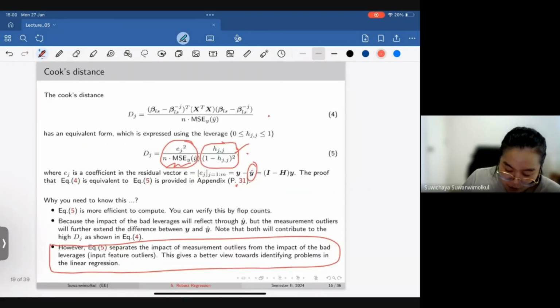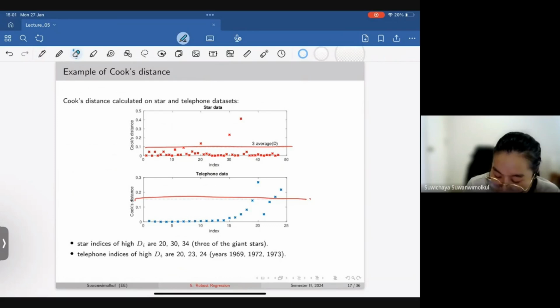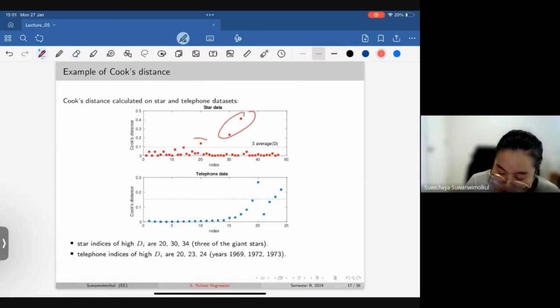So that is all for this Cook distance, and this is maybe an example. We can use Cook distance the same way as we use the residual analysis, where we set up a line, right? And whatever is beyond that line will be considered as outliers. So it's simple to make this decision if you can compute the Cook distance.